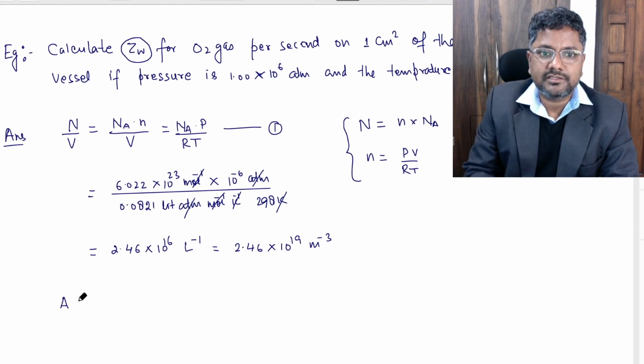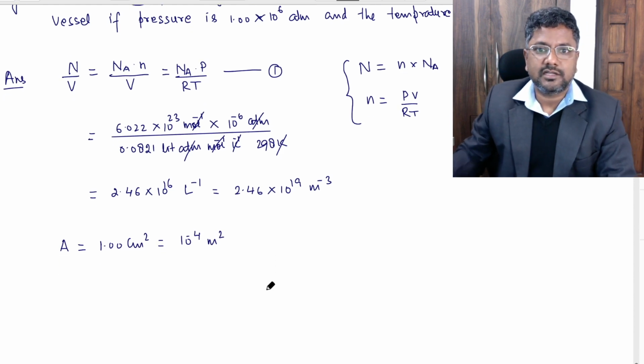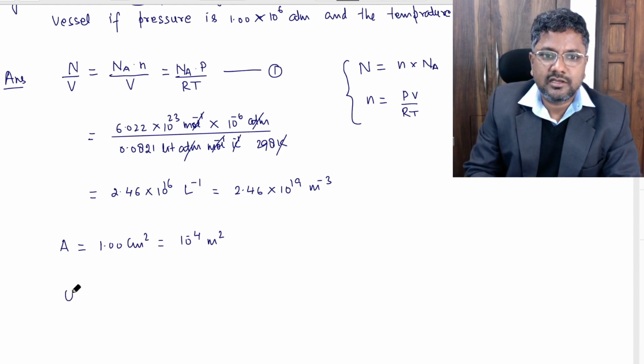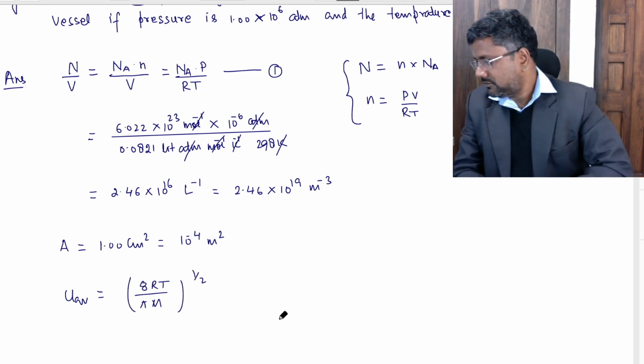Now A is equal to 1 centimeter square, which is 10 to the power minus 4 meter square, right? And now u average is equal to 8RT by pi m, whole to the power 1 by 2.